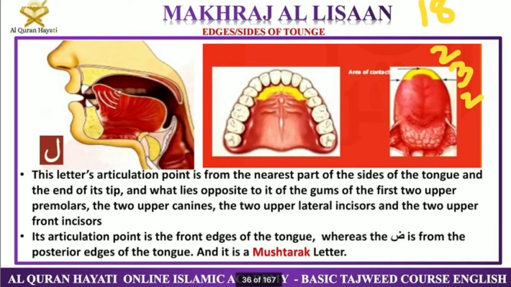The remaining 11 letters are all from the tip of the tongue and they are very, very easy. Okay, so inshallah we'll complete Lisan tomorrow, and day after tomorrow we'll have a revision of all the Arabic alphabets where you also can, inshallah, practice with me, and after that we'll start the Tajweed rulings.